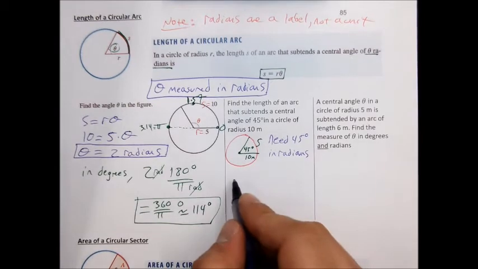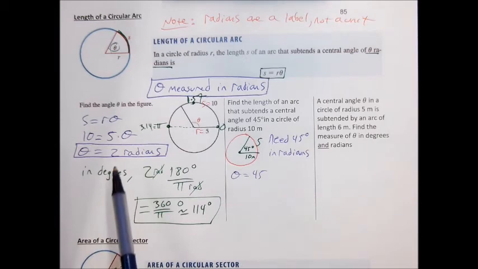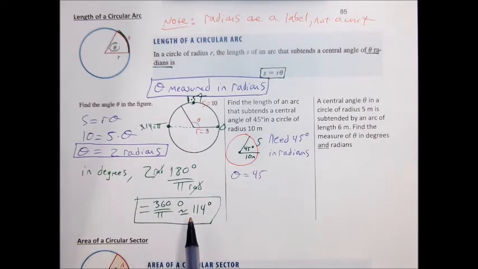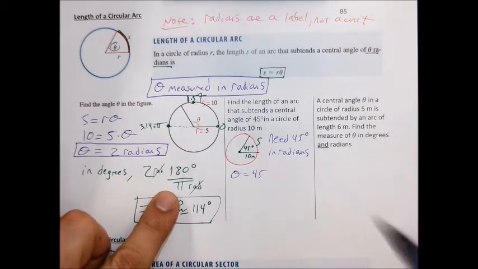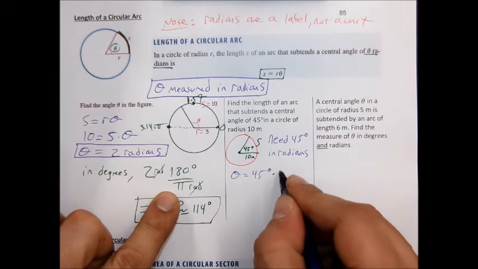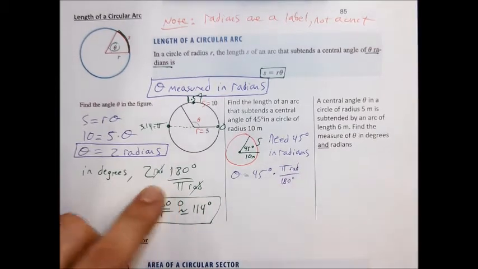So we need 45 degrees in radians in order to use this equation. We take that theta value, and we do the opposite of what we did before. Before we went from radians to degrees, and so now we want to flip this 180 over pi and make it pi over 180. So we take 45 degrees and multiply it by pi radians over 180 degrees.